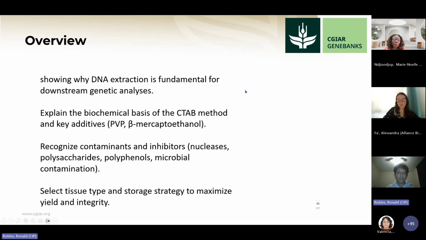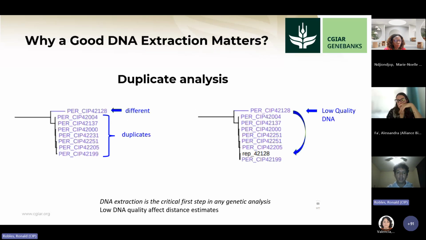The second part will detail the fundamentals of DNA extraction, each process, and also talk about the special cases of molecules or contaminants in the extraction process that we need to take care of. So I will start with a simple example showing how important the extraction of nucleic acids is.